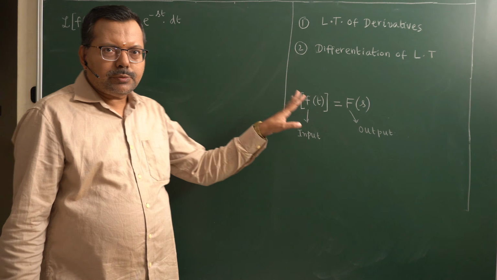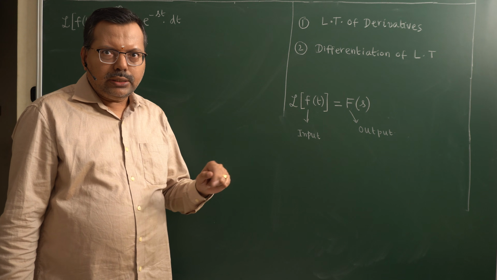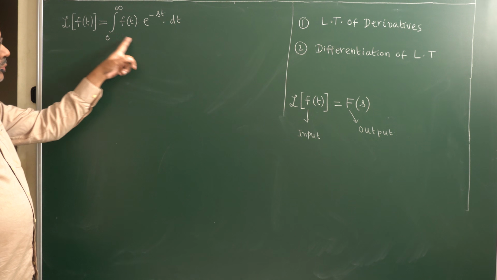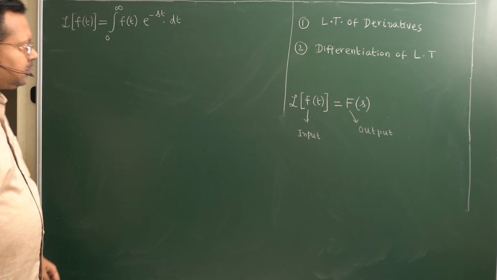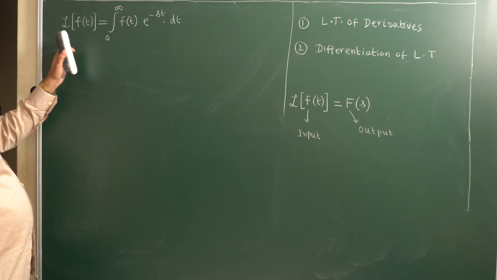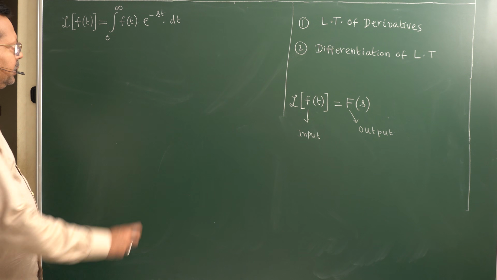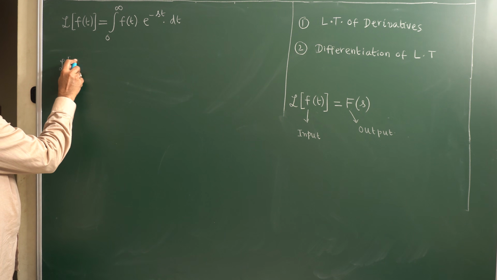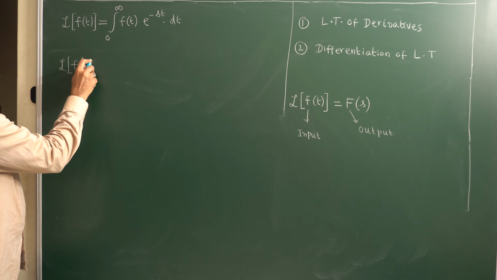Now let us see what this property is, and the property arises when we start with the defining equation. We have the defining equation for the Laplace transform like that, and if this is the starting point, we are asking the question, how are we going to evaluate the Laplace transform of f prime of t?